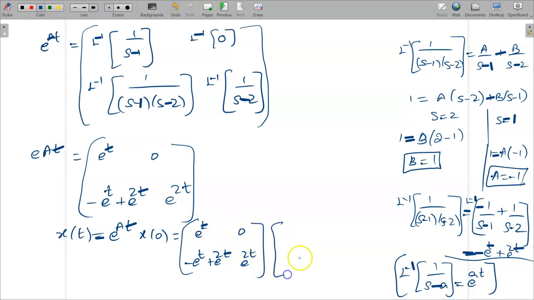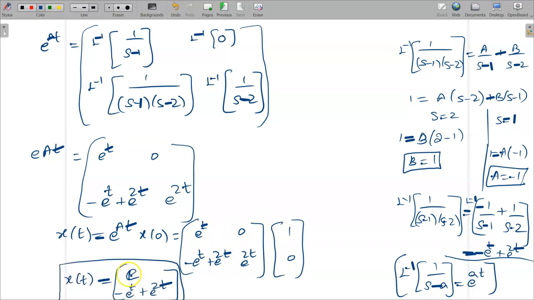Given in the problem, it is 1 and 0. So this row with this column: e power t into 1 is e power t, 0 into 0 is 0. This term into 1 is nothing but that particular term, and this term into 0 is 0, so you can leave that. So this is your solution of the state equation, which is nothing but your x of t. Okay, thank you. Thanks for watching.